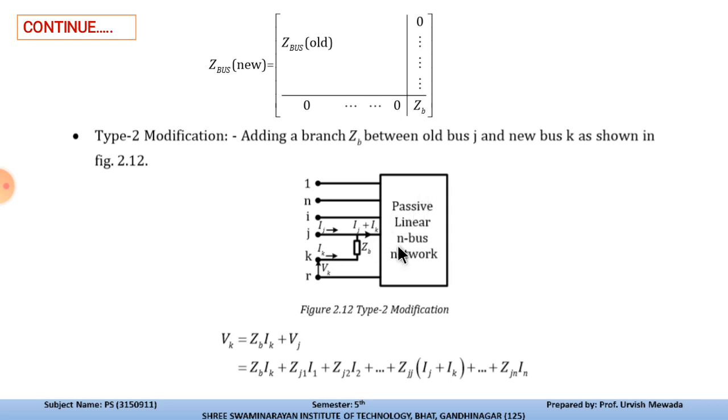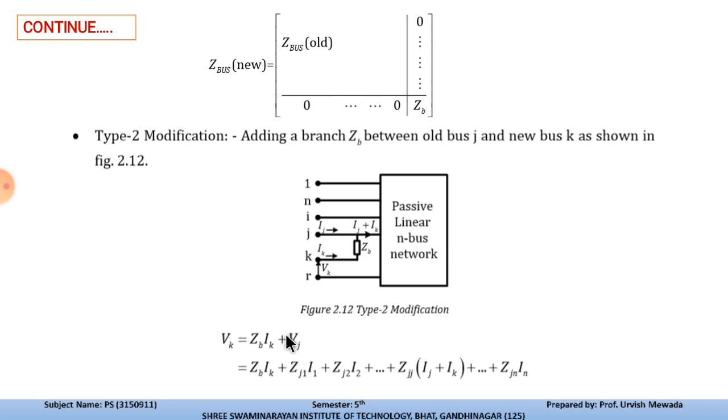This is the type 2 modification, and for this the voltage equation will be Vk equal to, we have the two voltages Vk and Vj. For Vk, V is equal to Z into I, so Zb is the impedance of this circuit, and the current of this line is Ik. And we can write the equation for Vj also.